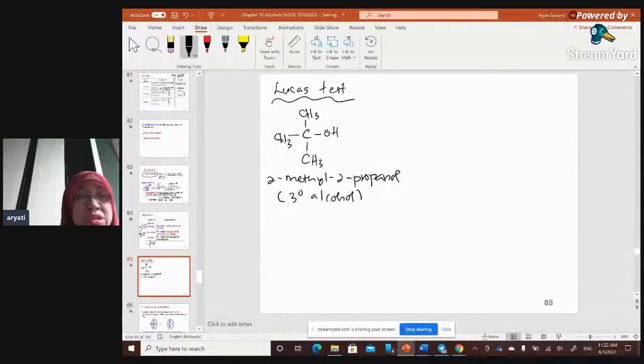You need to put this equation in your lab report. So this 2-methyl-2-propanol reacts with concentrated HCl in ZnCl2. So OH will be substituted with Cl.